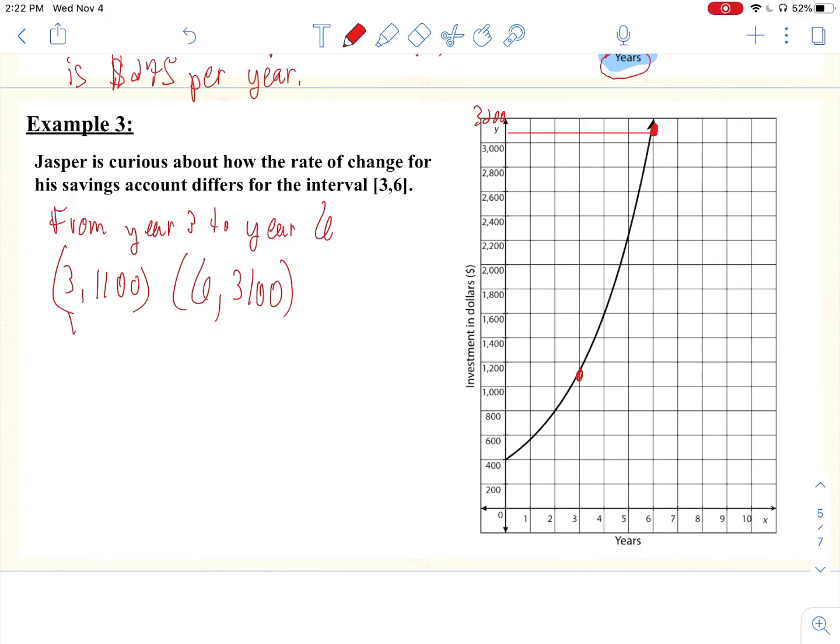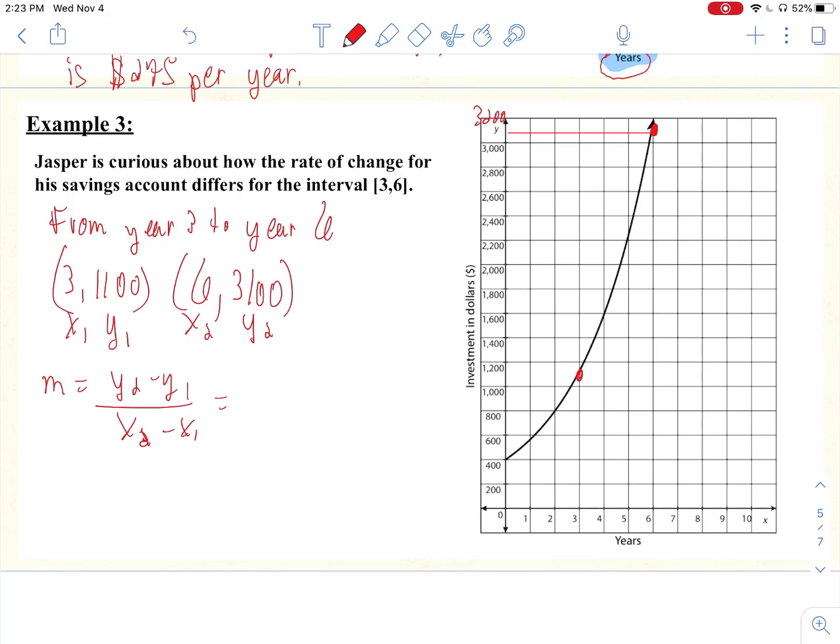From here, we need to identify x1, y1, x2, y2, and we're going to substitute this into our rate of change formula, which is my change in y over my change in x.